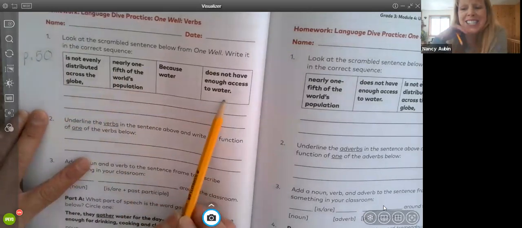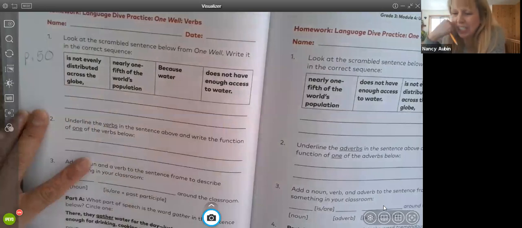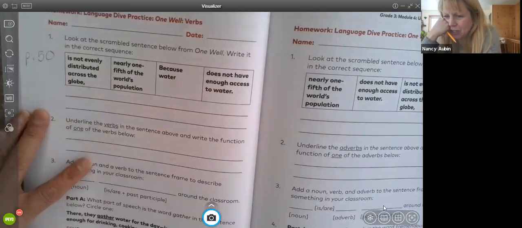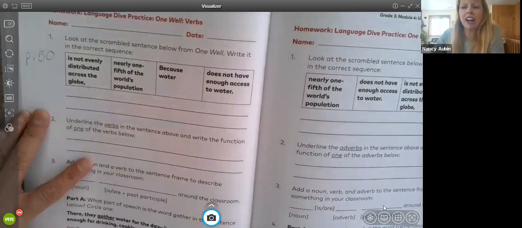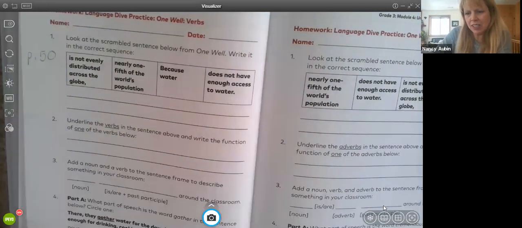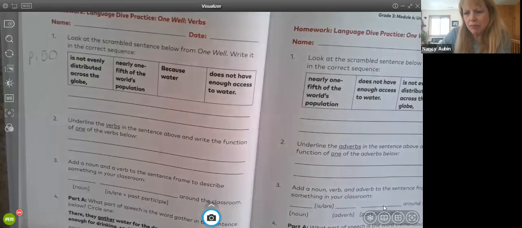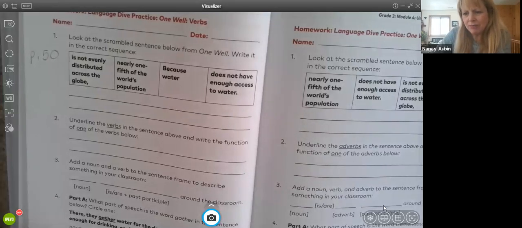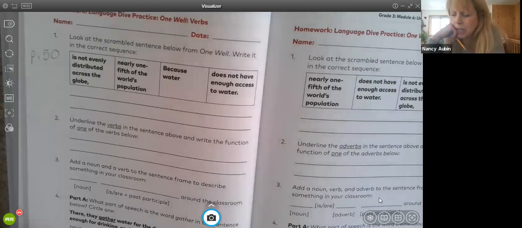What do you think is going to go first? Which section do I write first? This one's tricky. I need to make a complete thought out of those sections. It's all scrambled up. I need help. Isabella, help. Which one?